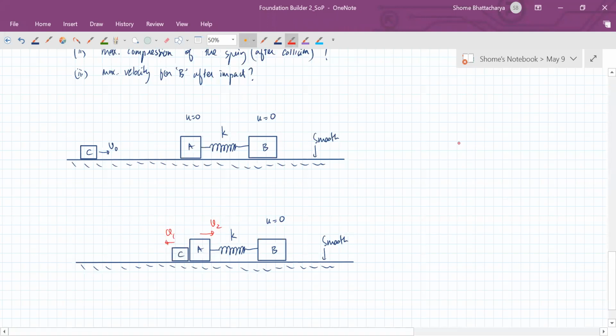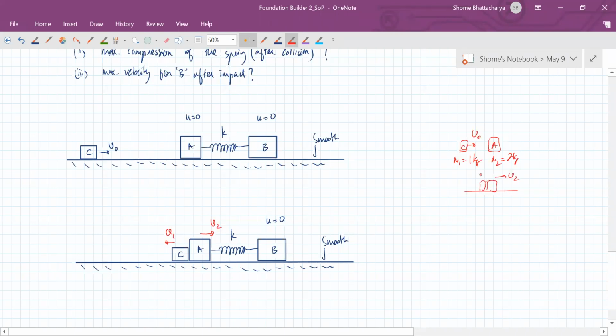So for that, we can see that this one has a mass of 1 kg, and this one has a mass of 2 kg.